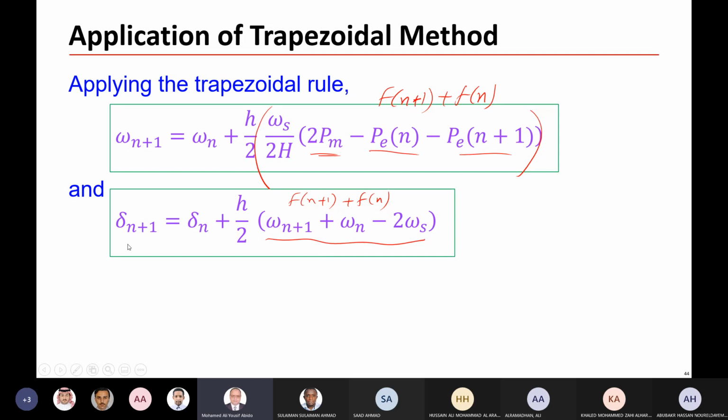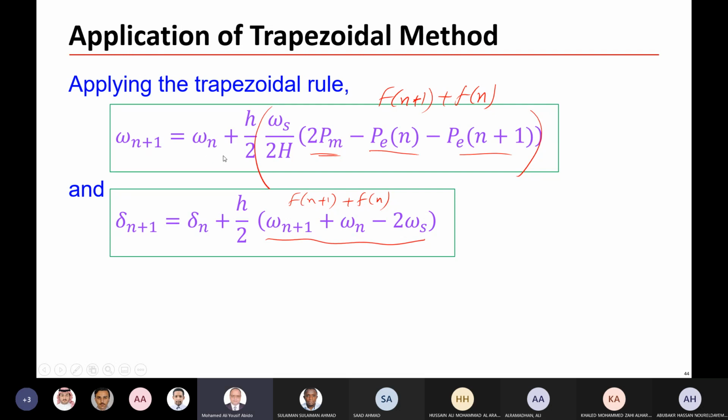What we actually need is delta of t. Of course, we can get omega and substitute here to get delta, or we can write delta of t right away, and replace omega of n plus 1 by all these values here.